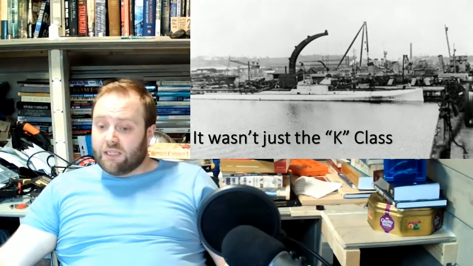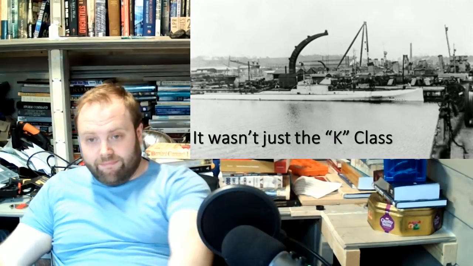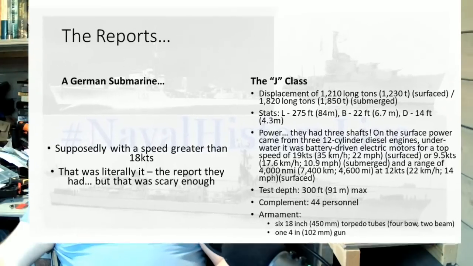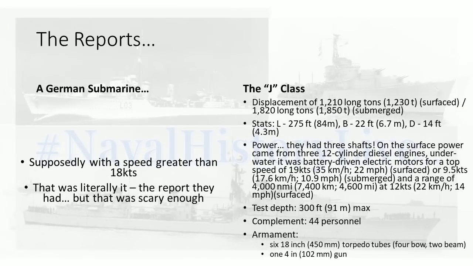The J class, well, they do slightly better. They were built specifically because of apparent reports that there was a German submarine with supposedly a greater speed than 18 knots. That was the extent of the report, though, as far as I can see.